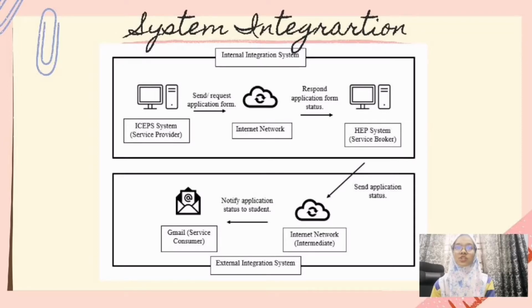Then, after the HEP system verifies the registration, it integrates with the external system, which uses the Gmail API to send the application status, with the internet network as the intermediary, in order to notify students about the application status by sending an email using Gmail.